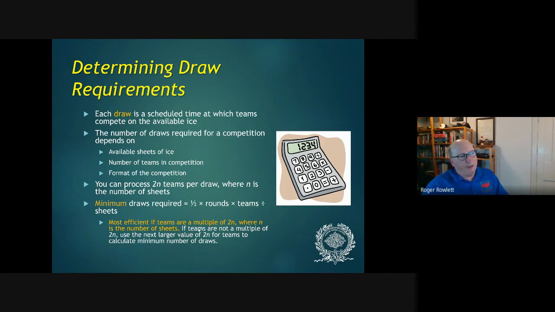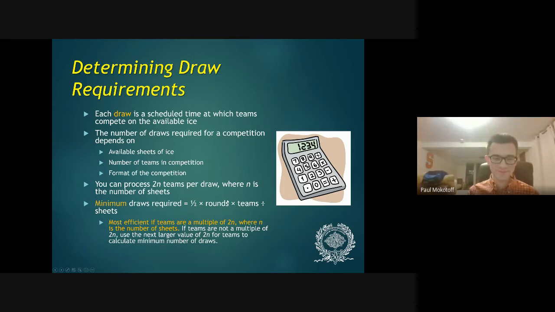So 16 teams, 4 sheets of ice. So how many rounds do we need? We need 4 rounds.